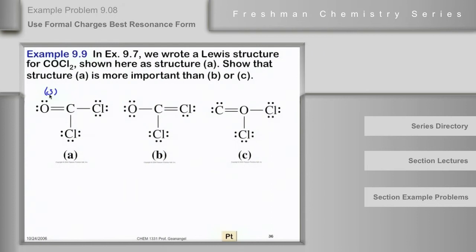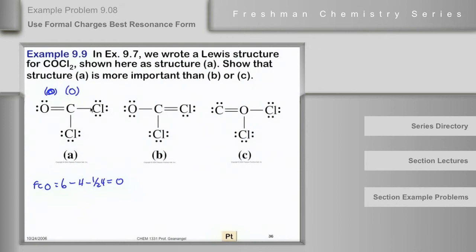And you can figure that out. It would be 6 minus 4 minus 1/2 of 4. So that would be 6 minus 4 minus 2, that's 0. So this is 0. A 4-bonded carbon also has a formal charge of 0.